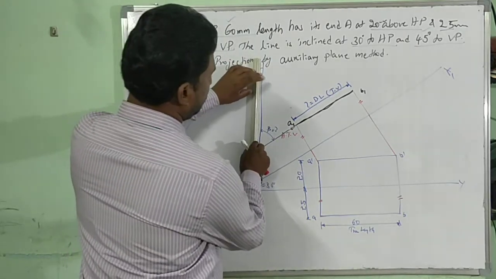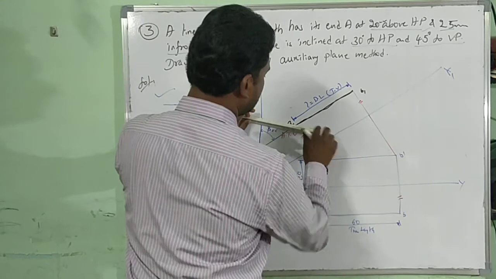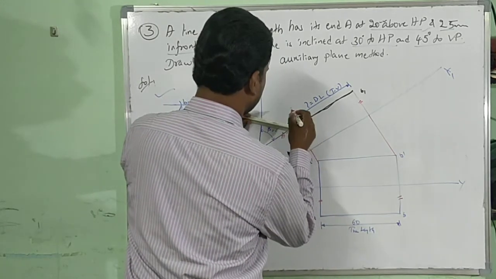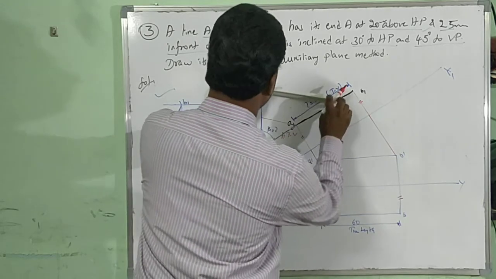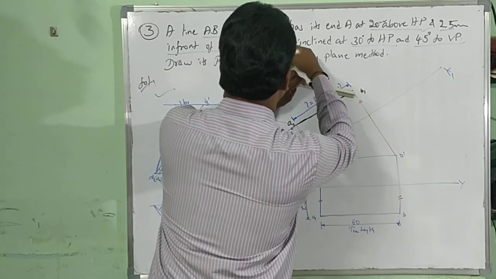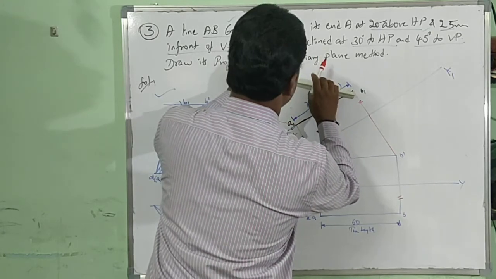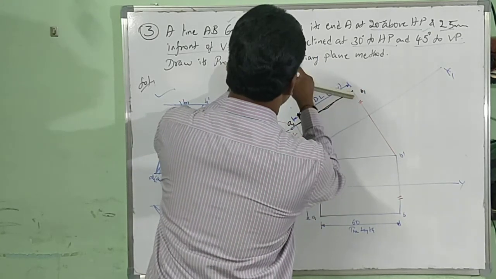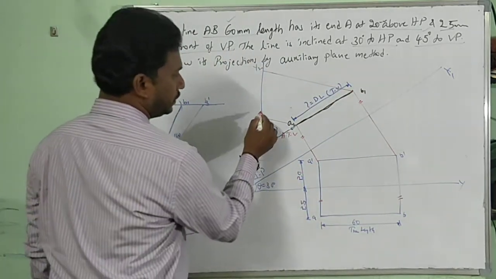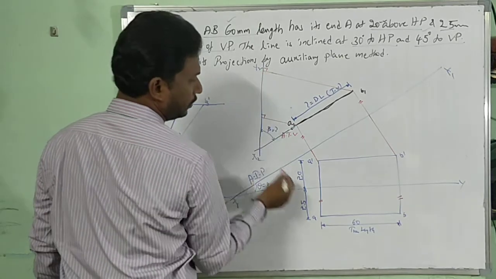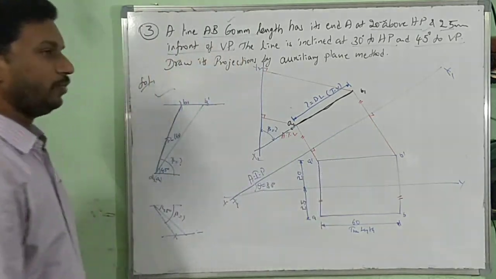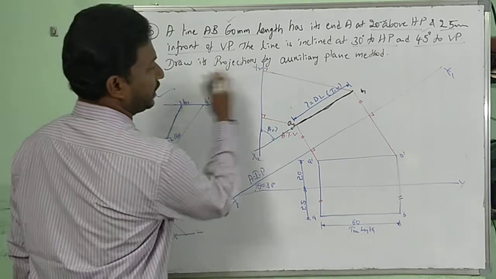Now align your drafter, keep this and draw lines. This should be perpendicular. Now here it should be perpendicular. That is very important.